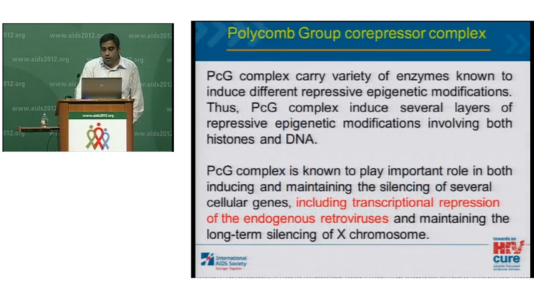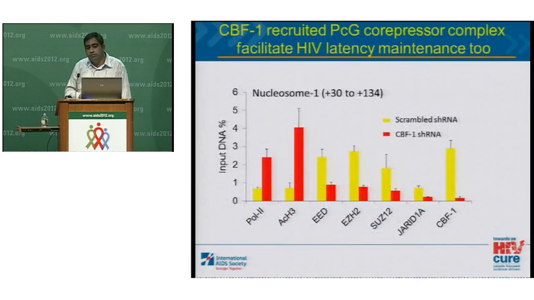So to confirm that CBF1 induces HIV latency by recruiting polycomb group co-repressor complex at HIV LTR, we analyzed the corresponding loss of various core components of polycomb group co-repressor complex at HIV LTR following CBF1 knockdown. So you can see, these are the core components of the polycomb group co-repressor complex.